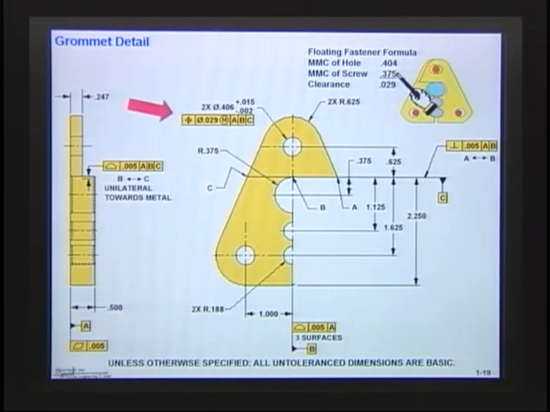And if I have a 375 screw, a 3/8 diameter, the major diameter would be 375. If you had an M10, for example, the major diameter on a metric would be 10 millimeters. So in this here is the largest you could get is 375. The clearance I had was 29, and since this is a floating fastener formula, we had nuts and bolts, I was able to give 29 to this part, and you notice on the bulkhead we had 29, so I could assure that these would fit.